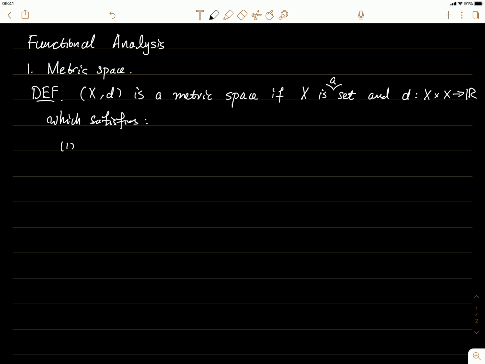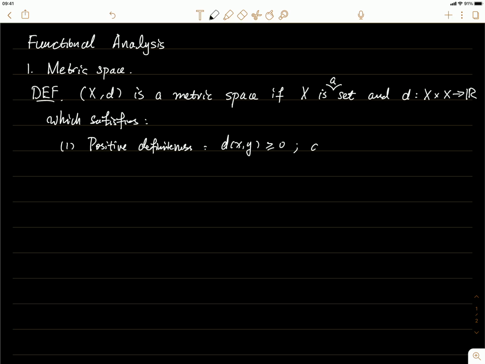The first is positive definiteness. That means no matter which 2 points you take, it's going to return a non-negative value.